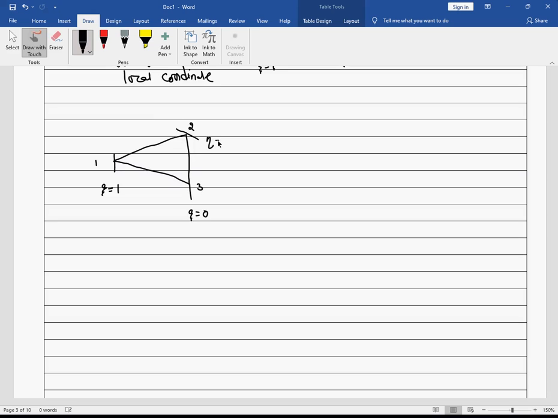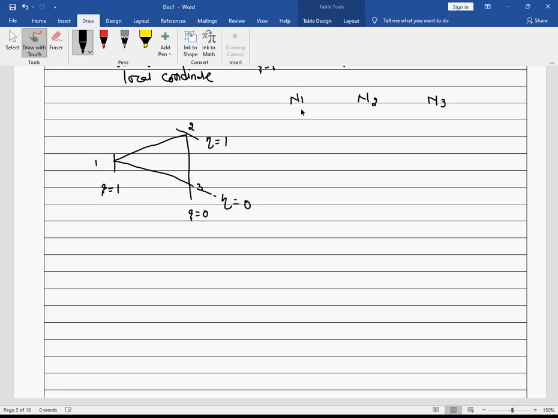So this will be eta equal to 1, and if I extend this, this will be eta equal to 0. So at node 1, I'll be having N1. At node 2, I'll be having N2. And at node 3, I'll be having N3. So 3 shape functions are there because 3 nodes are there. That is what is but obvious.